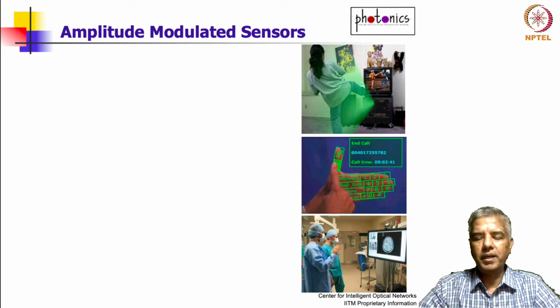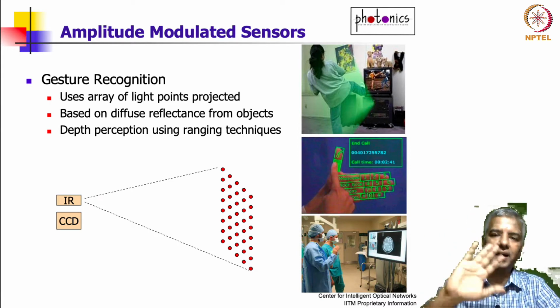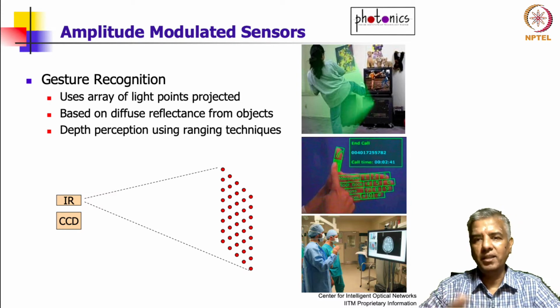Well, these are applications that are called gesture recognition. Okay, so what is gesture recognition? Basically, I do this gesture, and then the computer should be able to say, okay, this is what this person is trying to gesture, and then based on that, the computer might take an action.